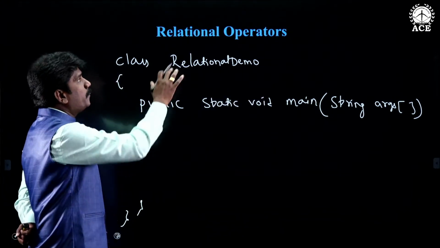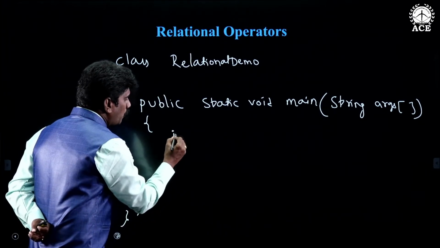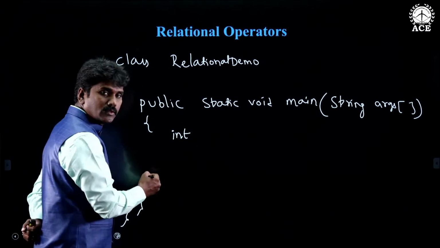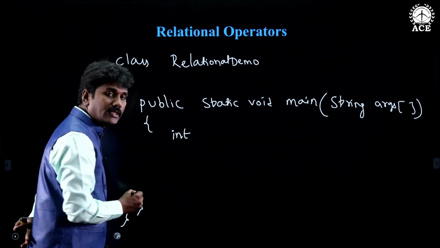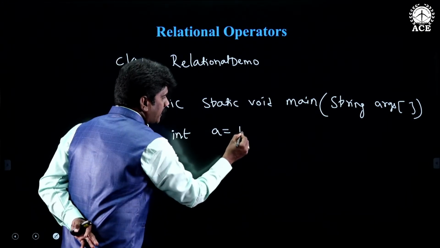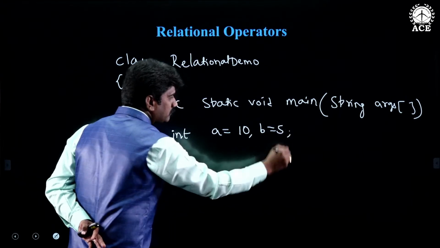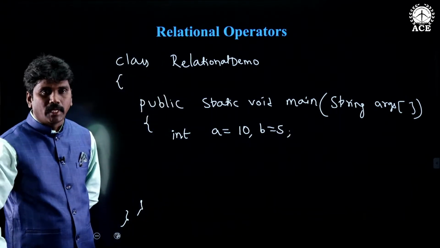To perform the relational operations, I would like to take two variables of integer type. Integer is represented with the data type int, and I am taking the variables a equal to 10, comma, b equal to 5. These are the two values I have taken.